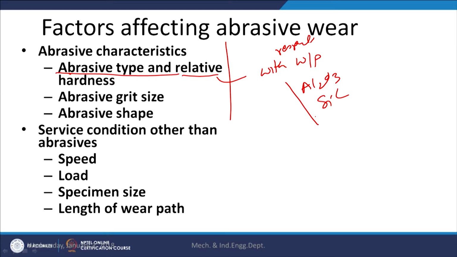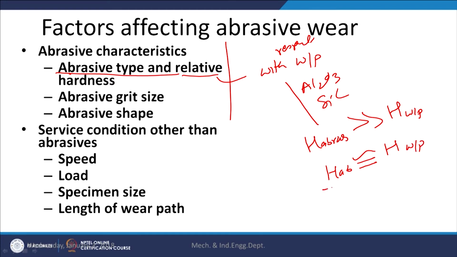If the hardness of the abrasive is too high compared to that of the workpiece, then the hardness of the abrasive does not affect things much. But if the hardness of the abrasive is almost close to that of the workpiece, then it definitely affects the abrasive wear behavior significantly.